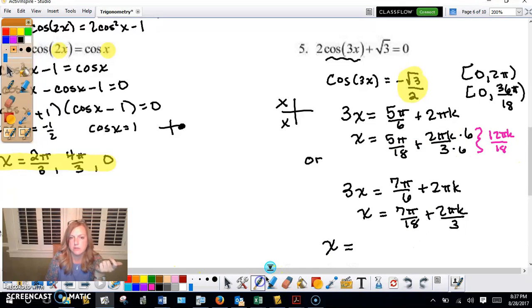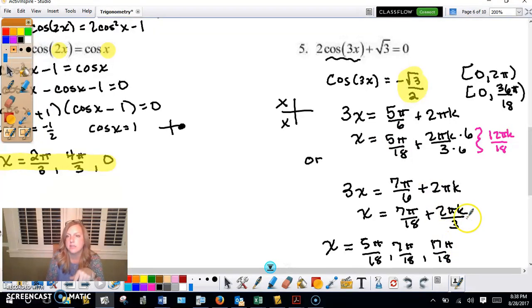So if k is 0, you're going to have your 5 pi over 18 and your 7 pi over 18. So that's k equal to 0. Then I let k equal 1, so that means I add 12 to 5. That's going to put me at 17 pi over 18. And again, down here, this is 12 pi k over 18, so to add 12 to that would give me 19 pi over 18.